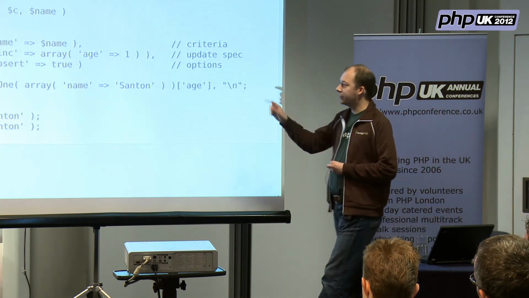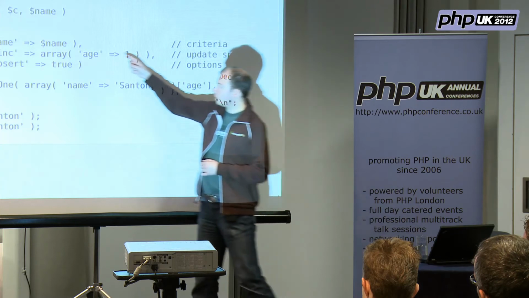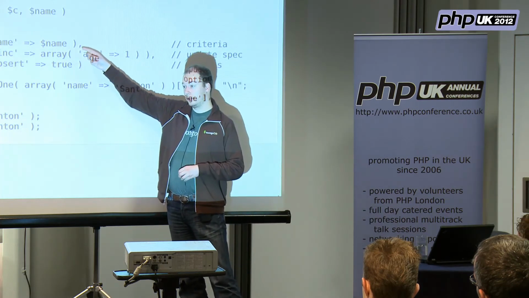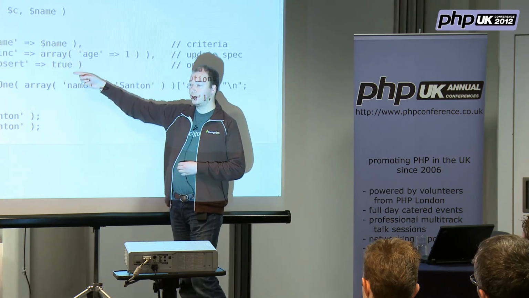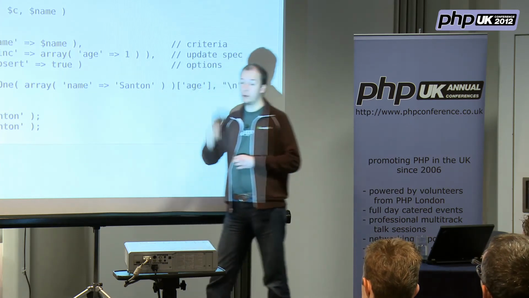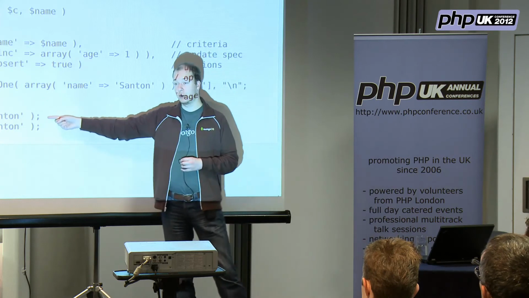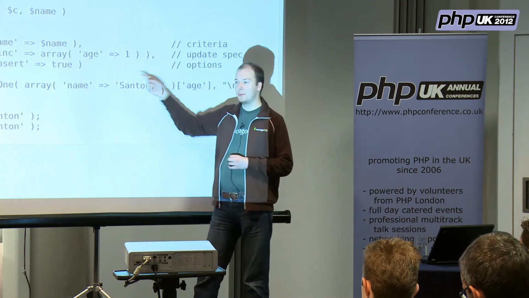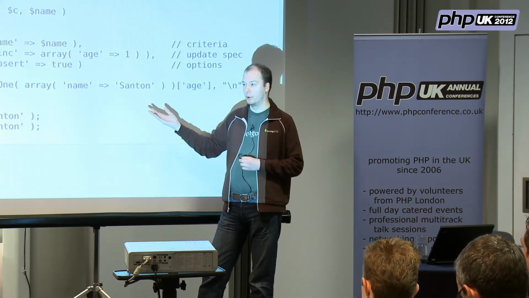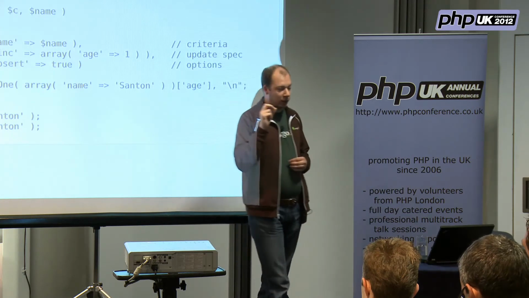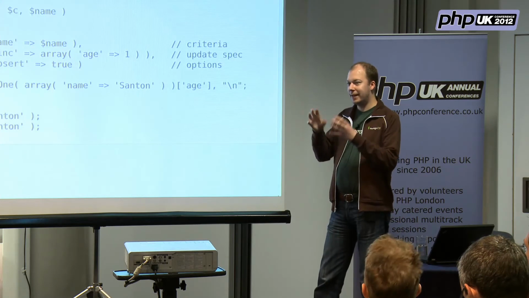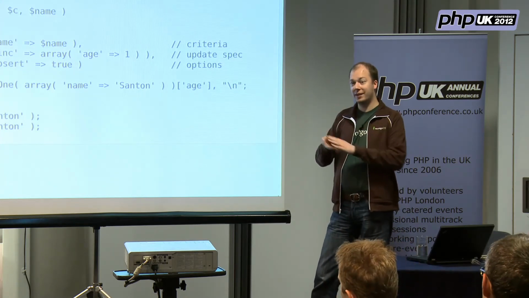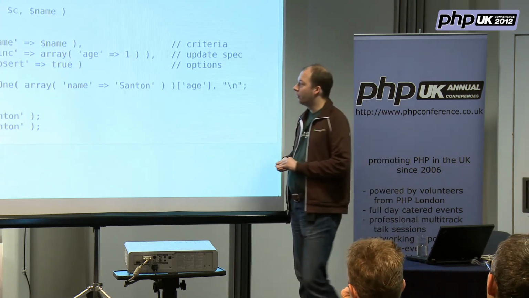The intention is that you find the document of the elephant, and then we increase the age by 1. And we set upsert to true. Now, the first time we run this with this function call, the document doesn't exist yet, because we've just dropped the whole collection. But by using upsert, it means that if the document doesn't exist yet, we will create it.